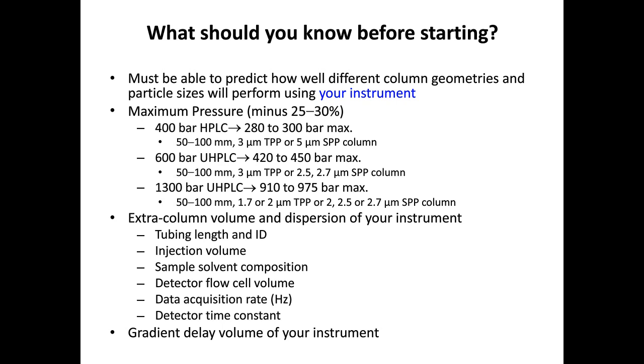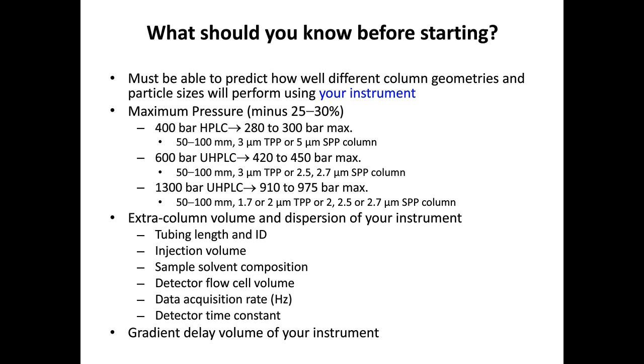And a lot of the UHPLC systems on the market today are so-called low dispersion instruments, but some are not as low as you think they are, and some manufacturers have actually made kits that you can buy or that you can put together yourself with parts that will allow you to get a more optimized system. And lastly, it's important to know what your gradient delay volume is for your instrument.